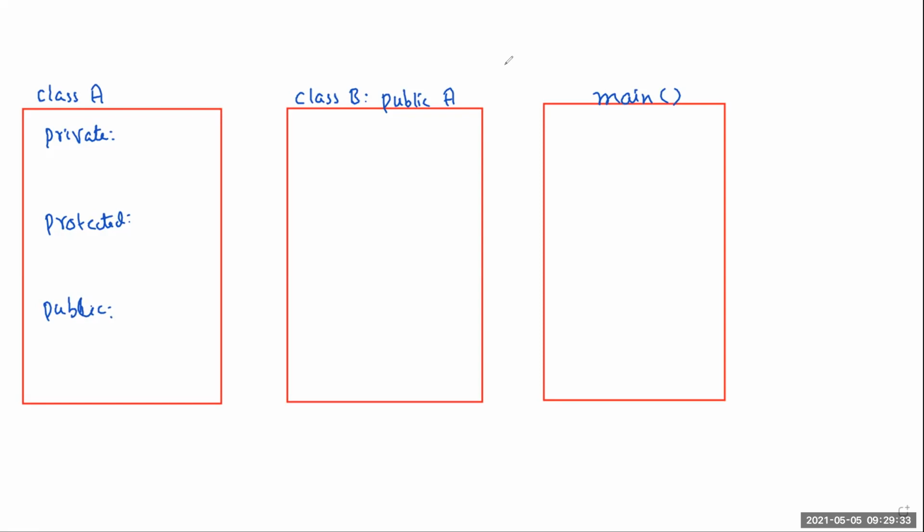If there is no inheritance, still we can have a class which has int x, int y, and int z. Let's ignore this for the time being. Let's assume there is no class B. Let's directly come to the main. So in the main, I write this, and I try to access a dot x, a dot y, a dot z. Now tell me which of these is legal and which is illegal.